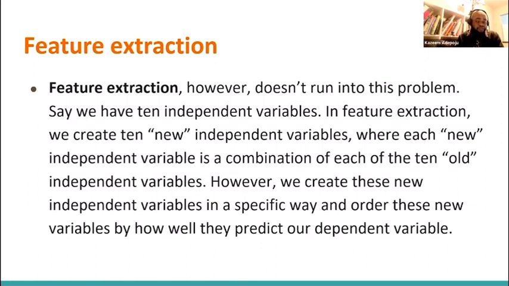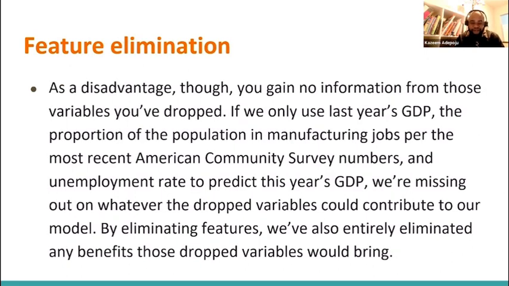And you know what that means? It means in a way, we don't lose information entirely about the old ones. But with elimination, you are just dropping. If you have 10 and you drop 5, then you've lost information about the 5 that you dropped forever. Any benefit that may contribute to the response, you've already lost forever. That is what we mean by feature elimination.